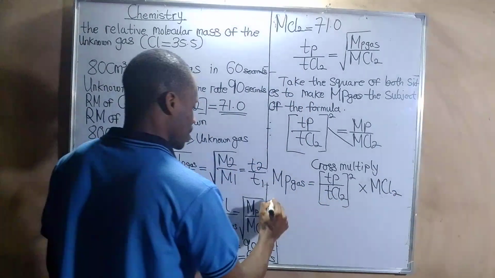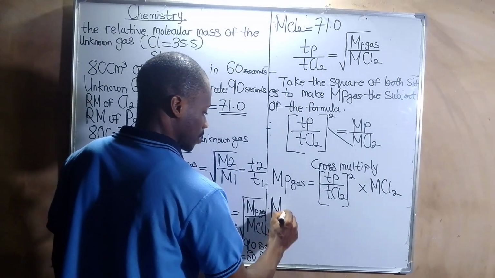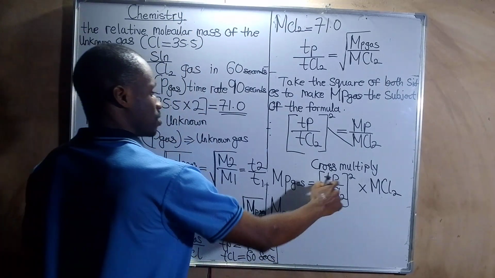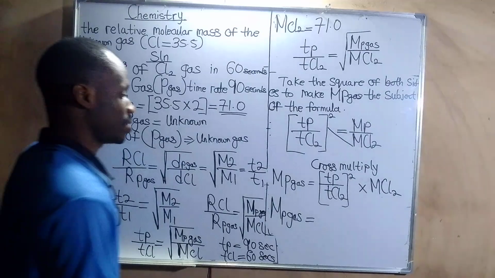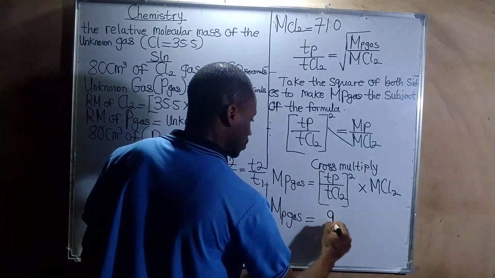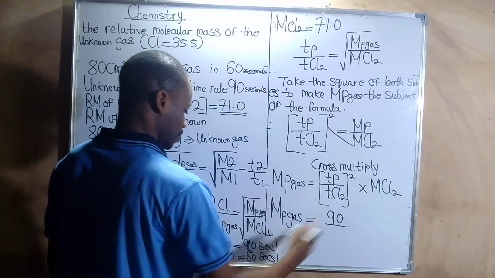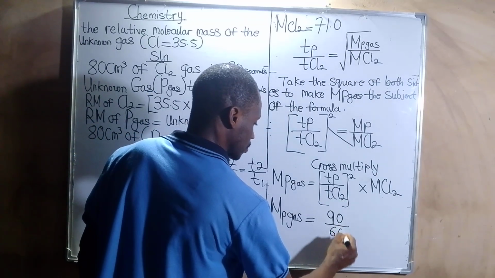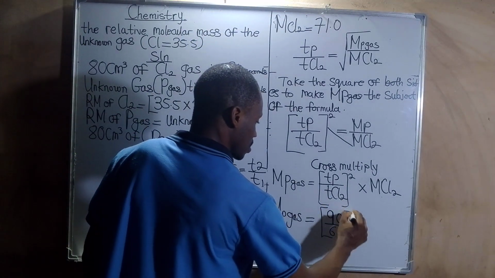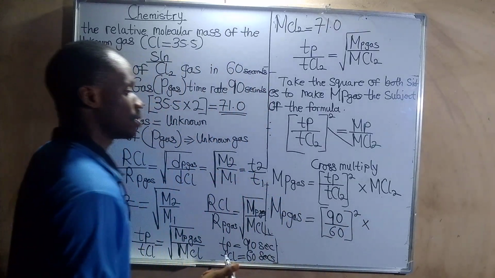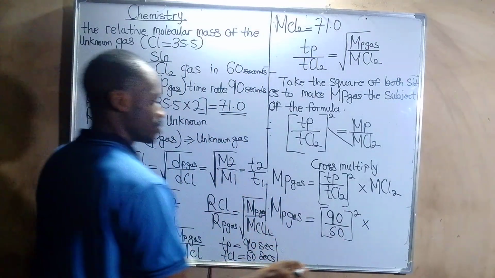So MP gas, what's the time rate of P? The time rate of P is 90, all over the time rate of chlorine, 60. Don't forget to put it in brackets, squared, times the mass of the chlorine gas, which is 71.